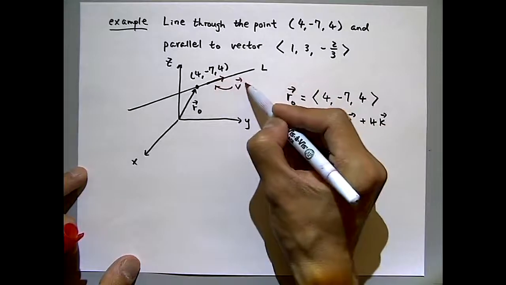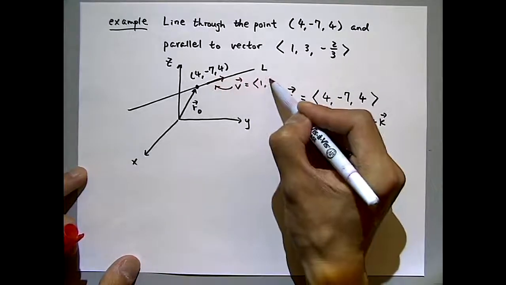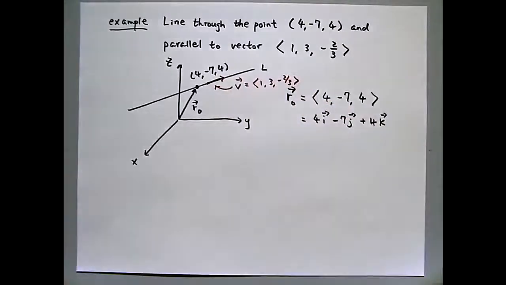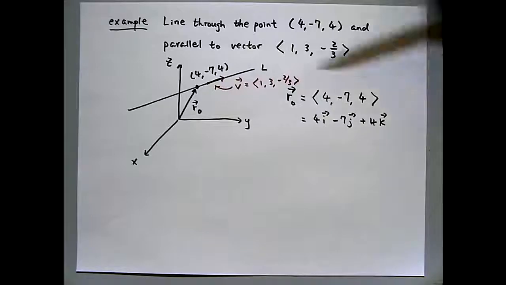And we know this vector that the line is parallel to, which means the vector, you can think of it as part of that line, tells you the direction.